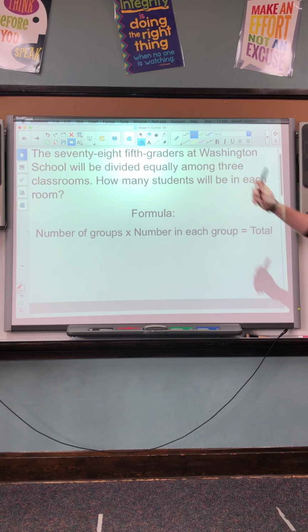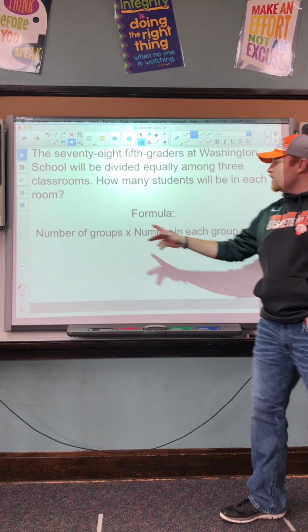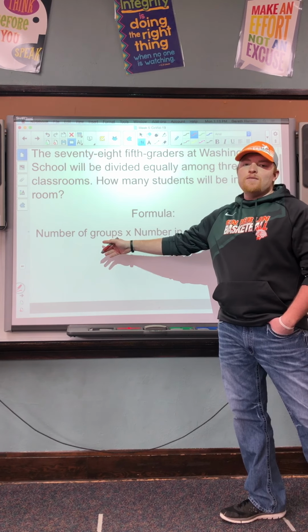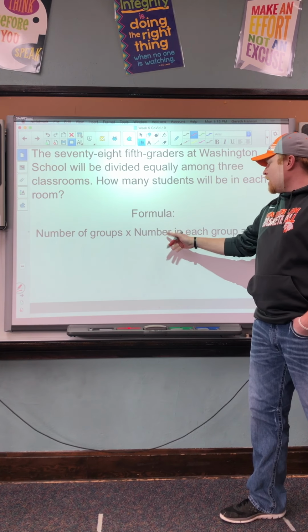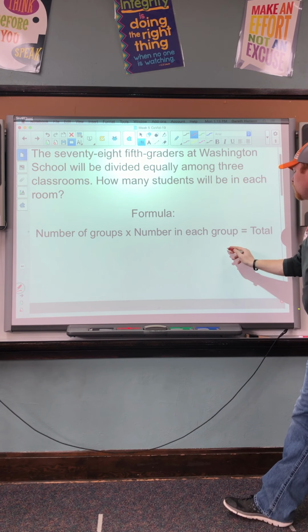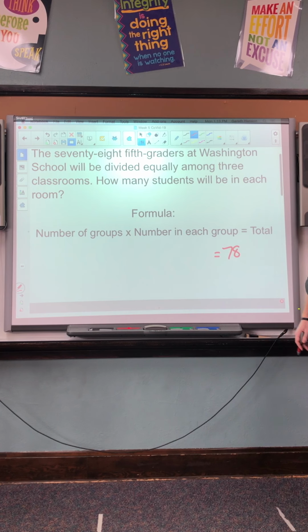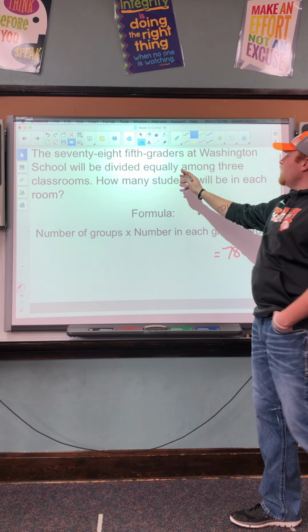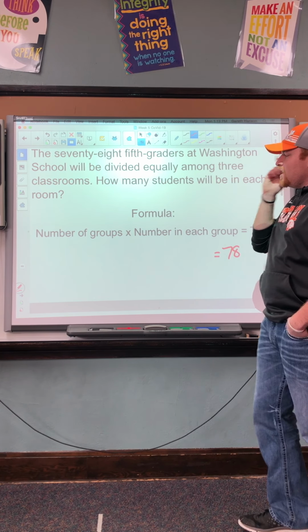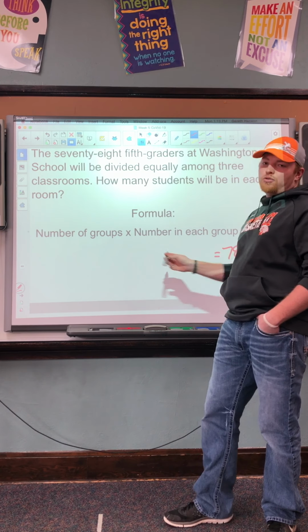The 78 fifth graders, where would the 78 go? Would it go in the number of groups? There's not 78 groups of fifth graders. Number in each group? No, that's not what it's saying. It's the total number, so the 78 goes in the total spot. Will be divided equally among 3 classrooms. Does the 3 go in the number of groups, or the number in each group?